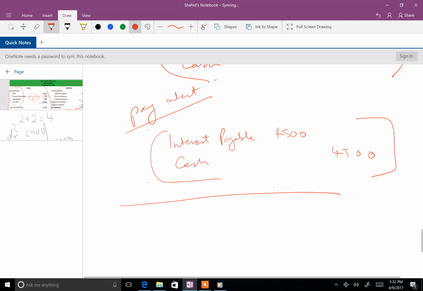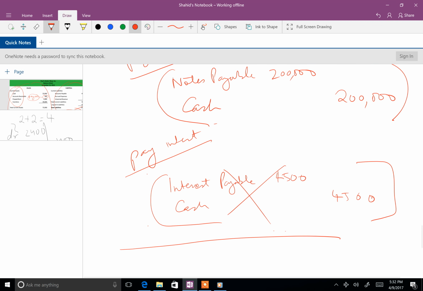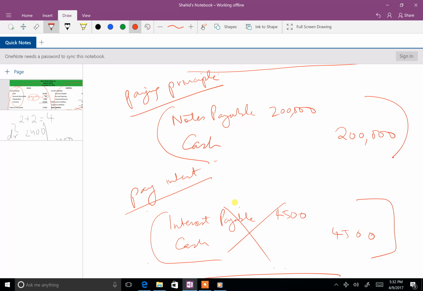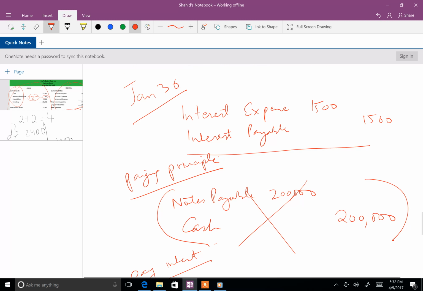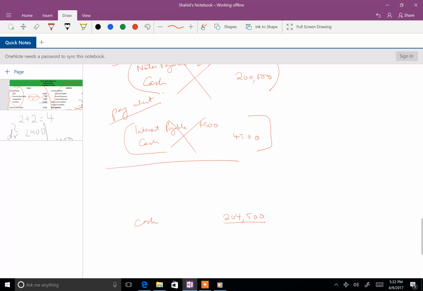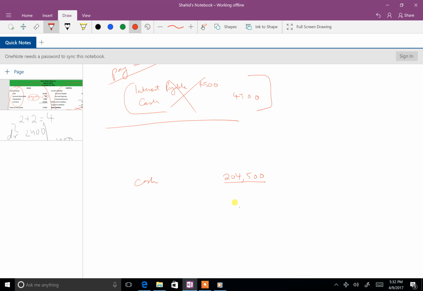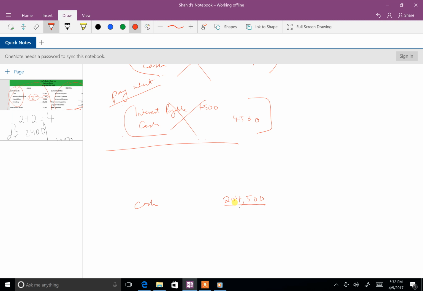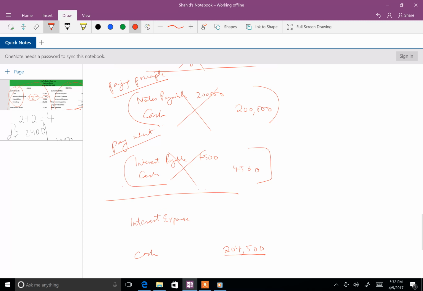And let's say if we never did those earlier entries, we can simplify all these entries into this one entry: cash credit for 204,500, and then we have new interest expense for 2016.